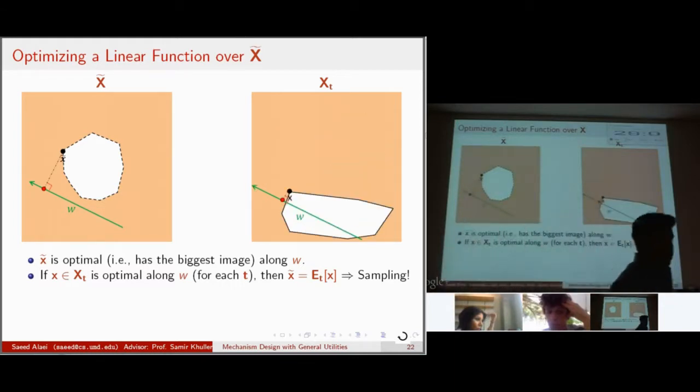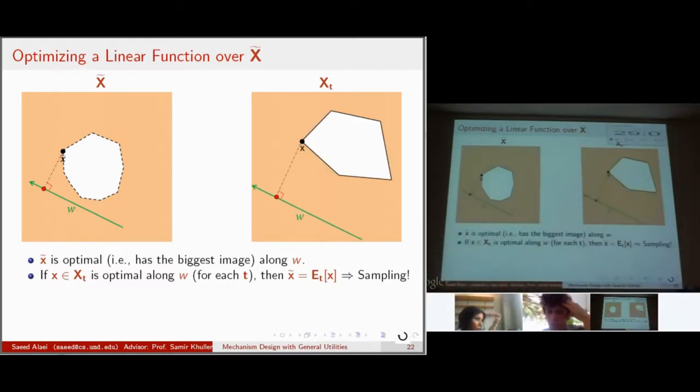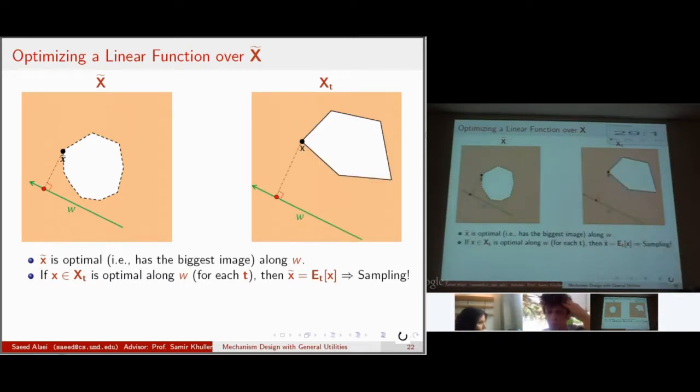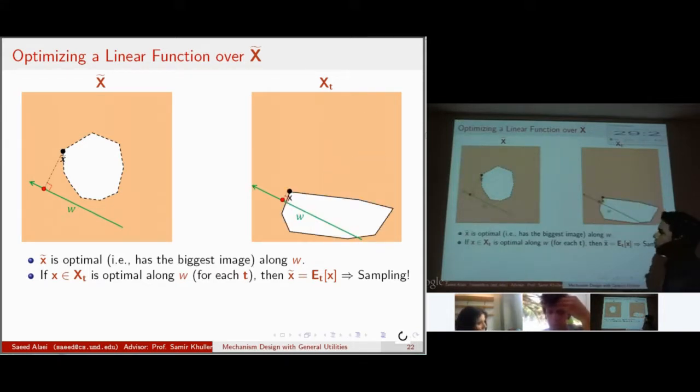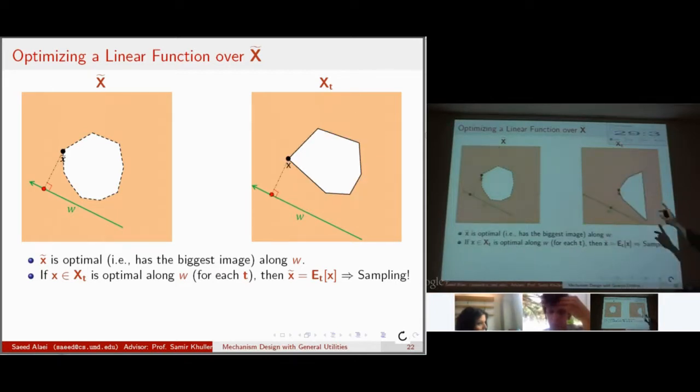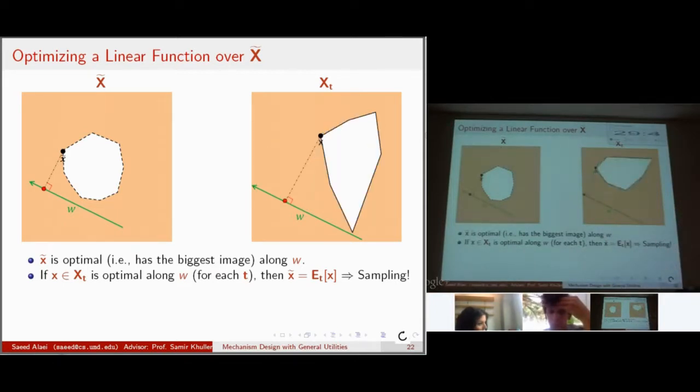And you know the precise relationship between the error and the sample size? Yeah, you can just use a Chernoff bound, because this is just a random variable. You just repeat, and you get as close as you want to the actual point. So this tells you that you can optimize in each direction without actually knowing how that polytope looks.